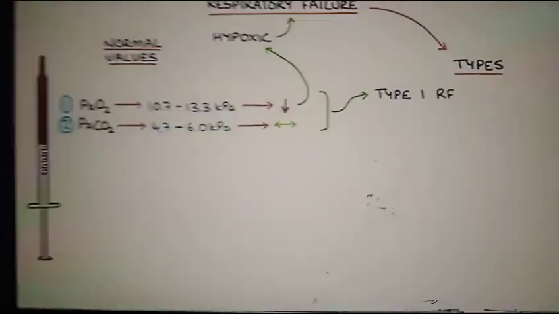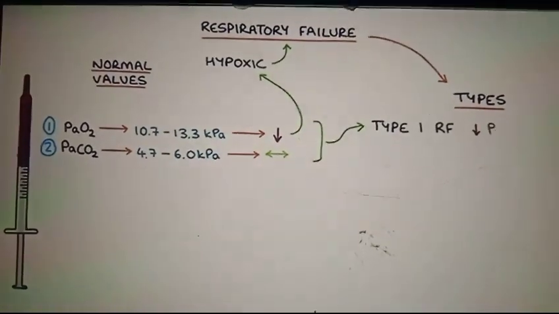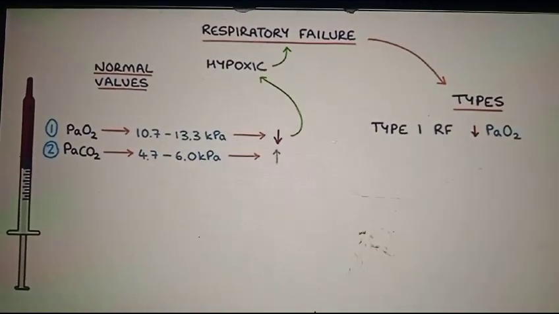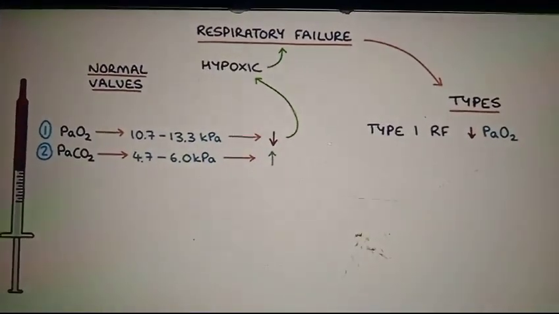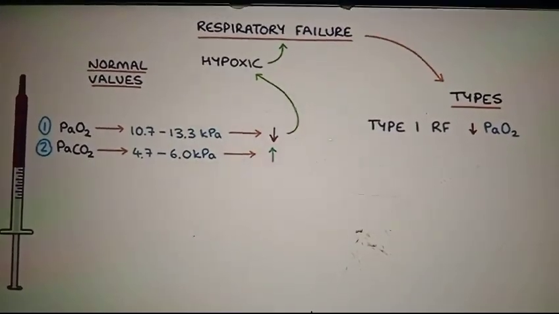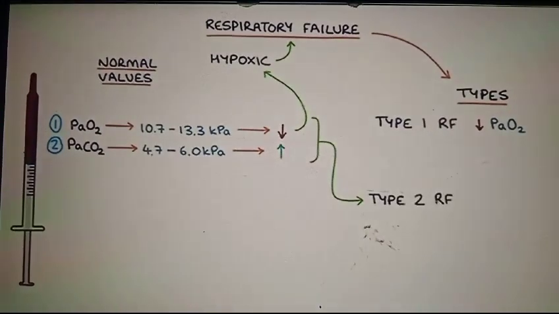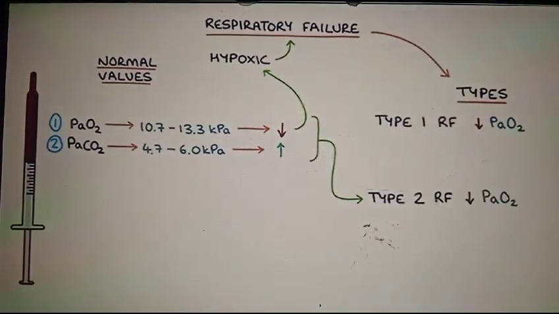Only one of the PAs is affected, with a low PaO2. If the patient has a raised PaCO2 with a low PaO2, this indicates type 2 respiratory failure. There are 2 PAs affected.